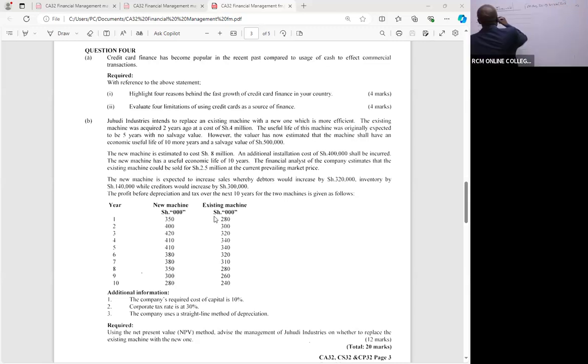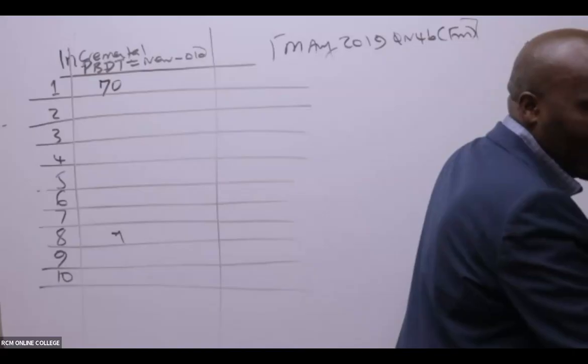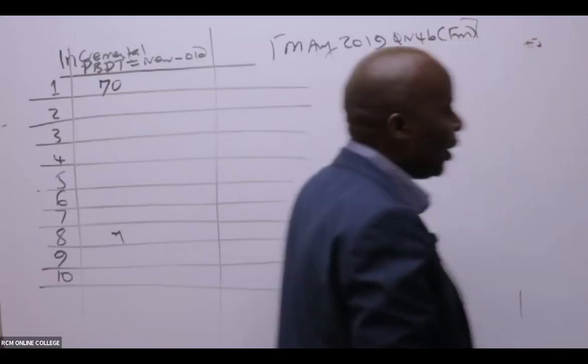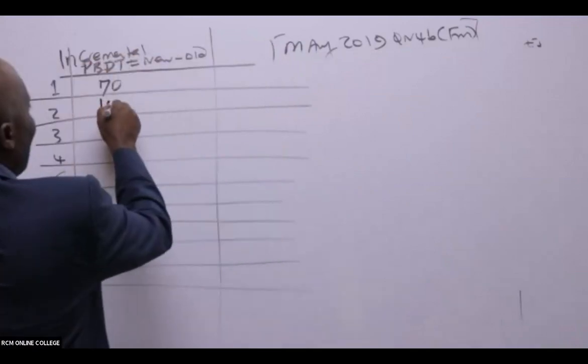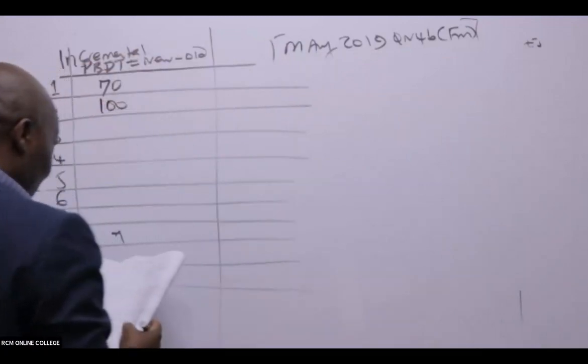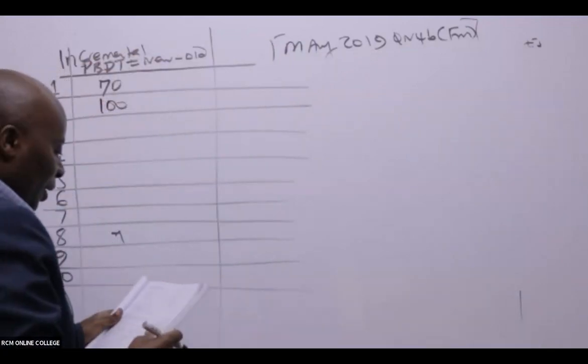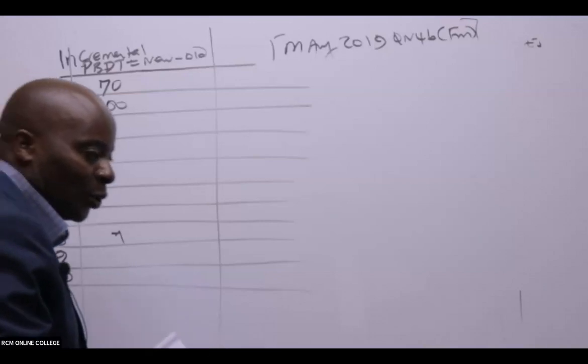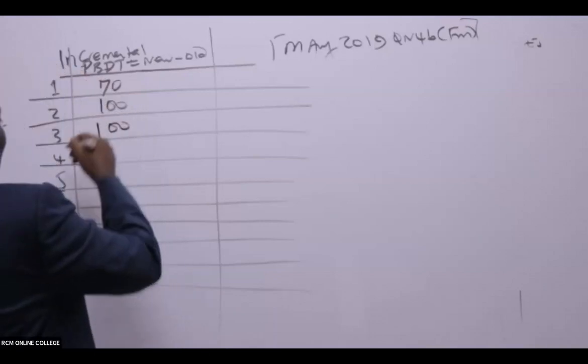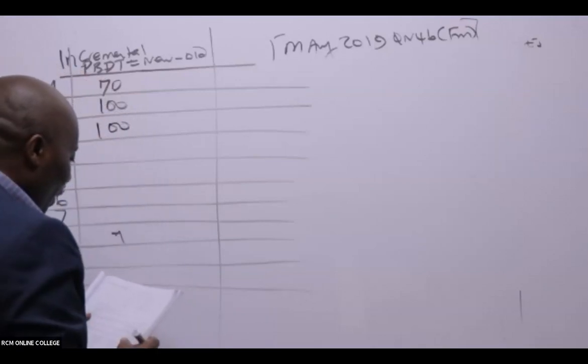The first one is 70, incremental PBDT. The second one will be 400 minus 300, giving me 100. How about the incremental for year 3? It is 420 minus 320, 100 still. Incremental for year 4, 410 minus 340.